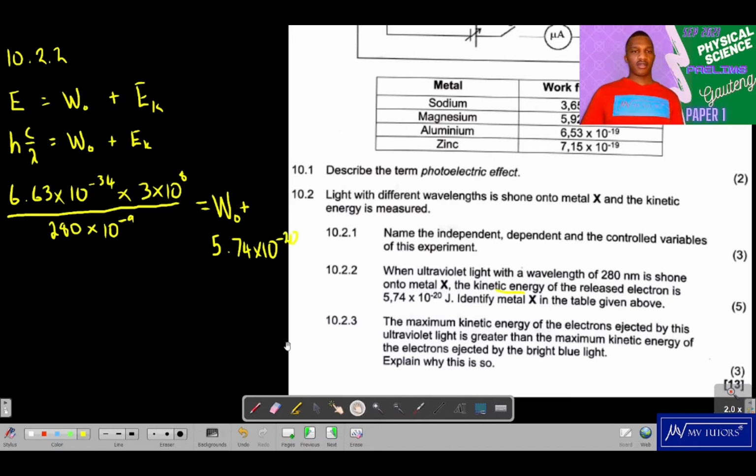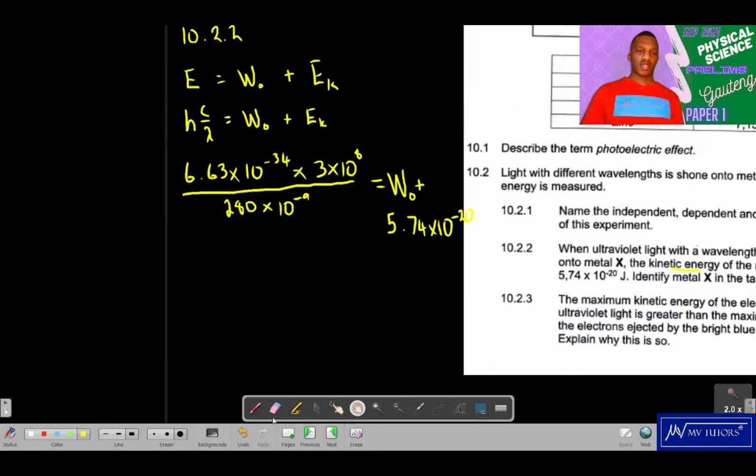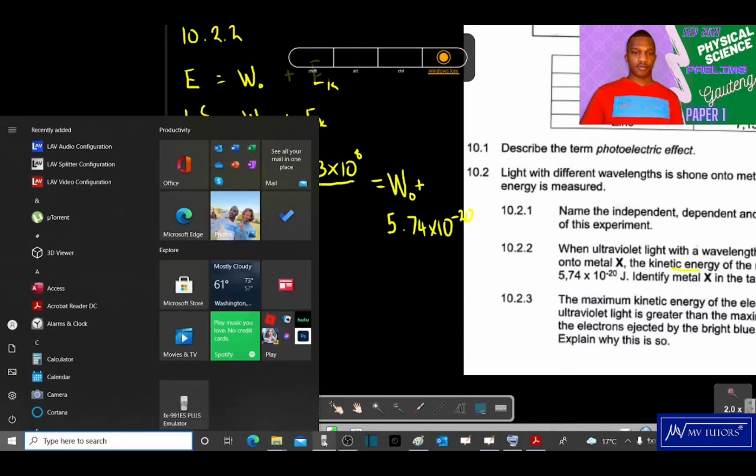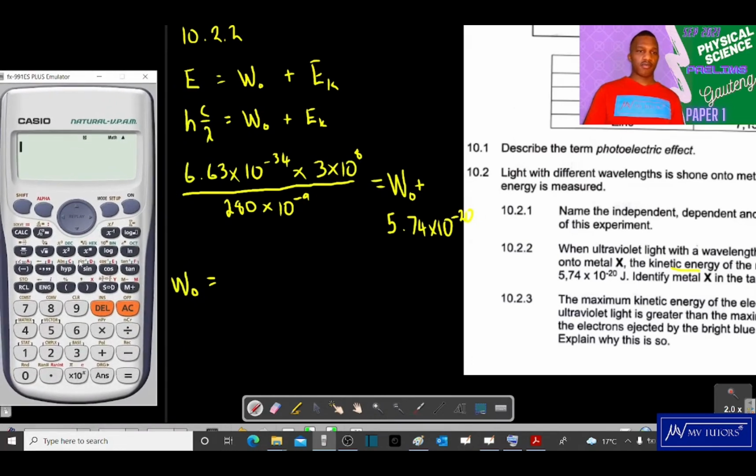Cool. All right, so I just want to put this in a calculator. Make this the subject of the formula, so I'll put this and then I'll subtract that. Okay, let's get a calculator. Let's bring it this side since we've got space.